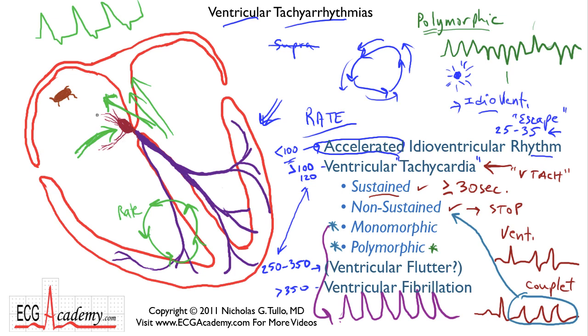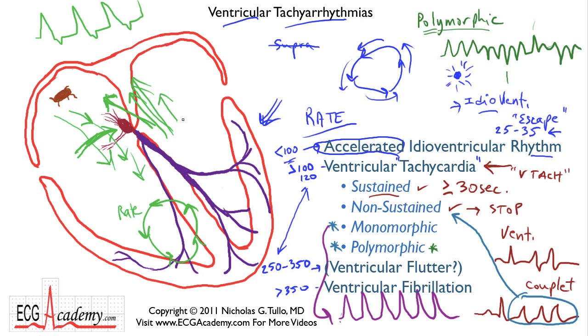But just like the AV node conducts worse at faster rates in an antegrade direction down the AV node to the ventricles, and you get things like Wenckebach and second-degree AV block in an antegrade direction, the same thing happens to the AV node in a retrograde direction. And so if the ventricles are going faster than the AV node is capable of conducting, you can see retrograde AV block.